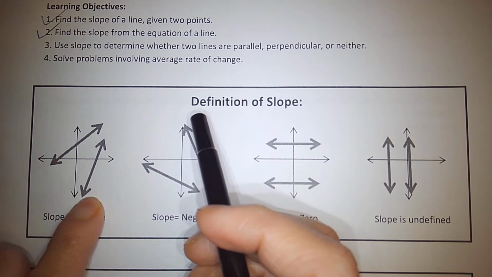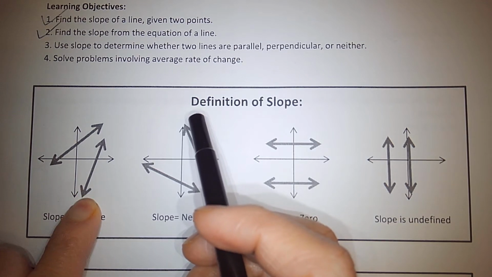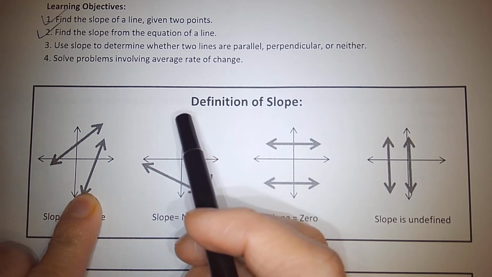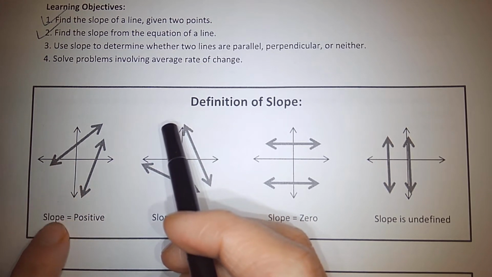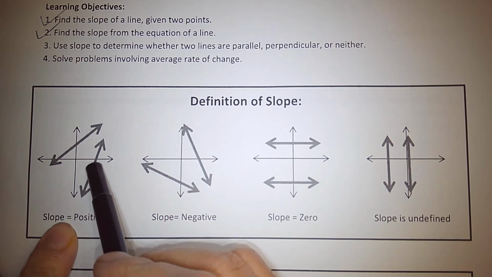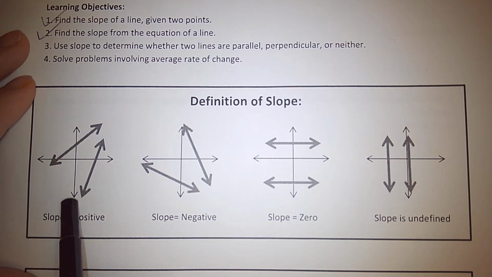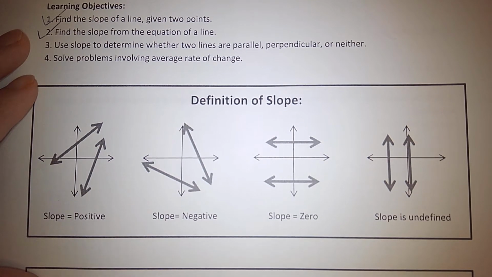So eventually you will see this equation. This line has a larger slope, and the slope measures how steep the straight line is. From these four cases, we already answered the question. When we have an increasing or slanting up line, we have positive slopes.